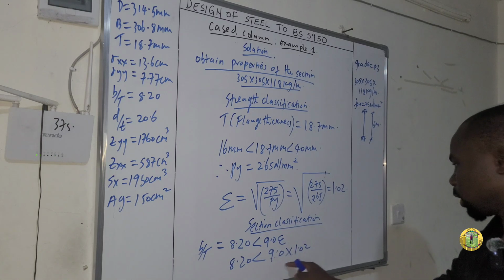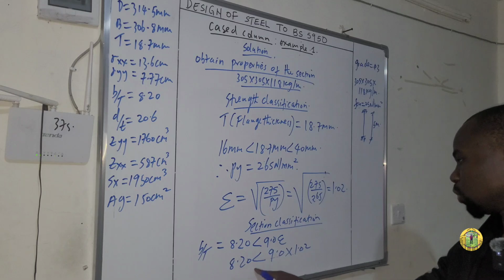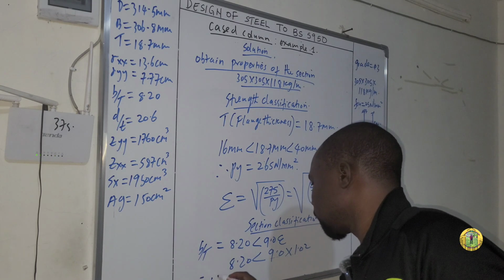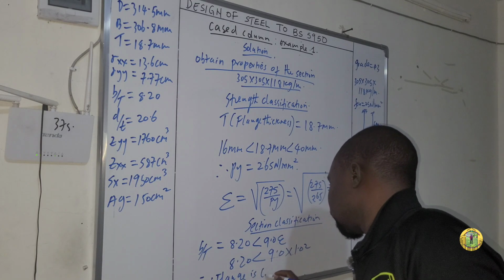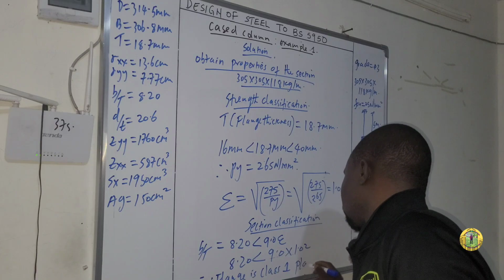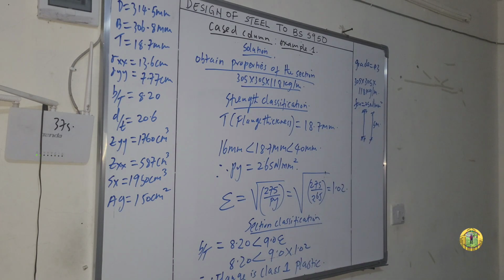It's not necessary that you multiply this, but you can see it is true, 8.20 is less than this. Therefore, the flange is class 1 plastic, like that. So we have now classified the flange.